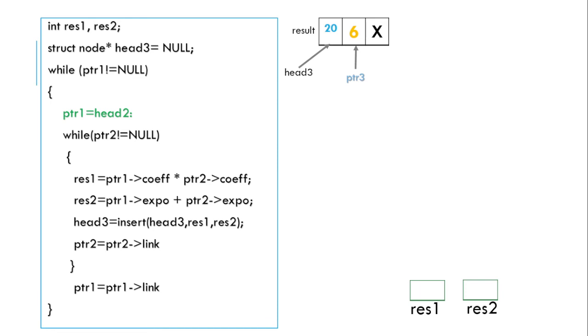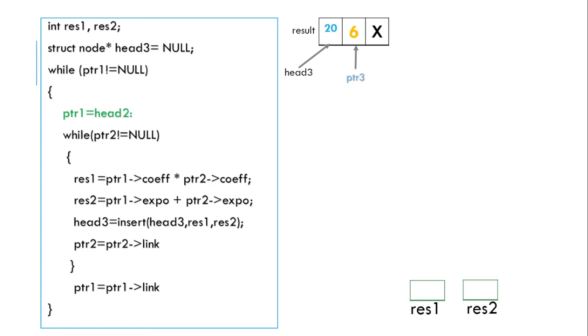Now we call the insert function. We have seen this insert function in a previous lecture where we used the linked list to represent polynomial. There we have seen how we insert the coefficient value and exponent value, and how we created a new node and inserted that new node into a linked list.